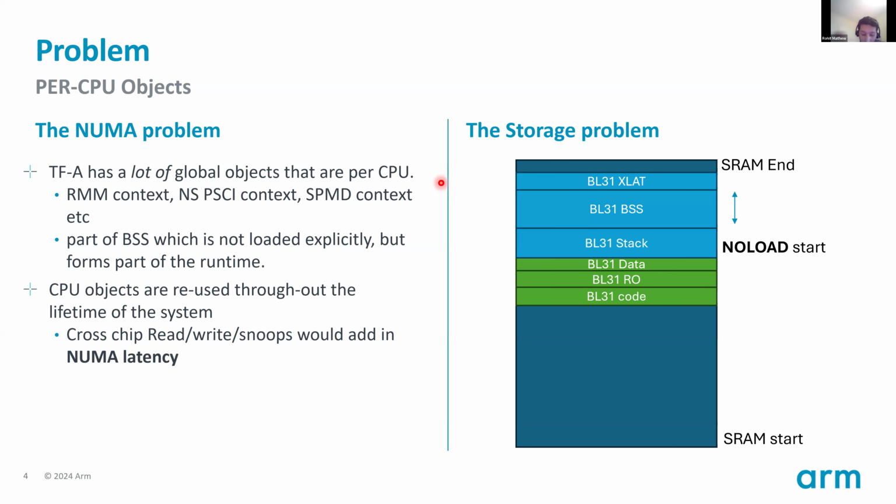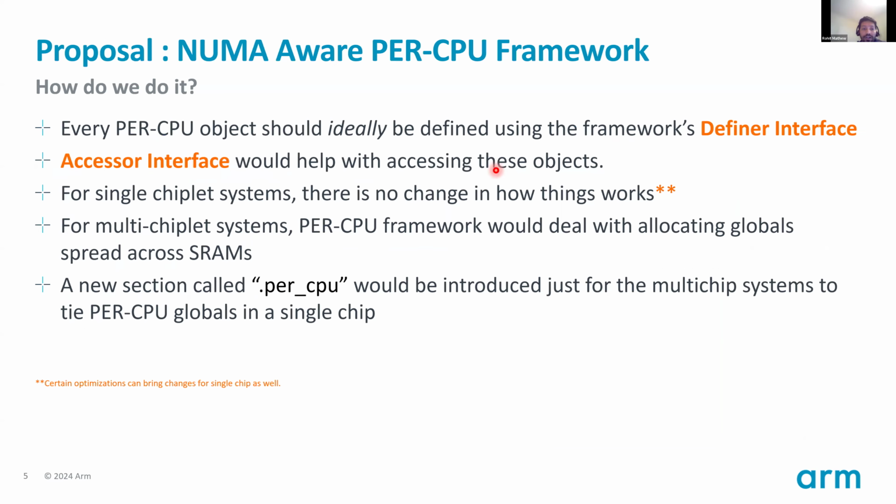Yeah, sure. Thank you, Sobi, for that. I do have a slide where there's a better picture of how SRAMs would look with the multi-chip case, so probably a couple of slides down. But thank you for adding that. And yeah, so coming back, that's where we propose this framework.